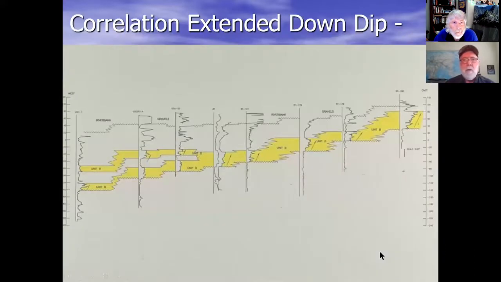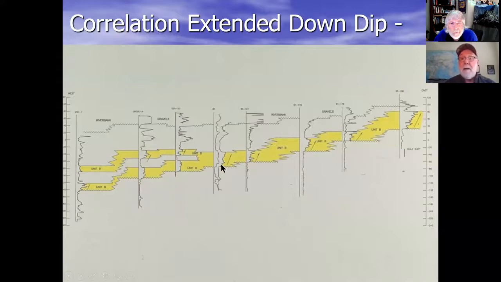So the next slide, the original cross section I showed you, the one that's a strike section, ends almost halfway on this page. We then had to move further down dip, and we generated these cross sections almost in a fence or a grid. I'm just showing you one as an example to tie everything together.